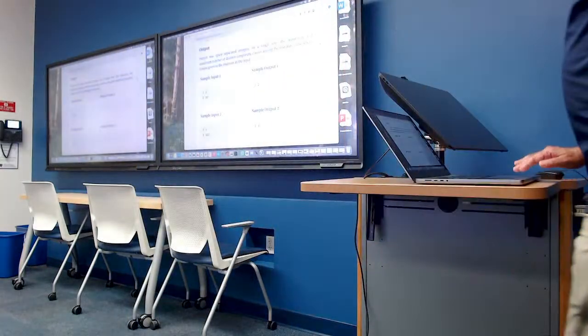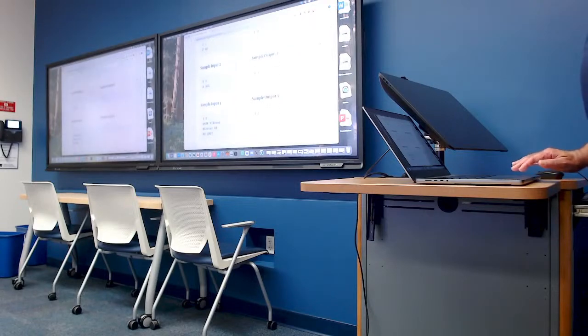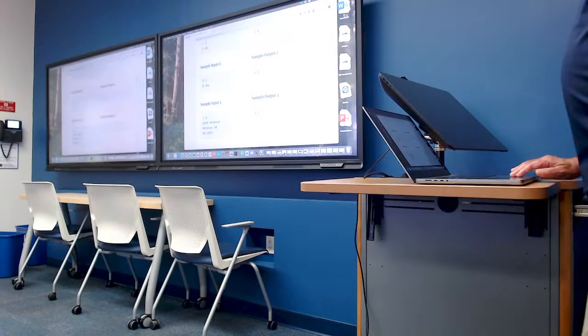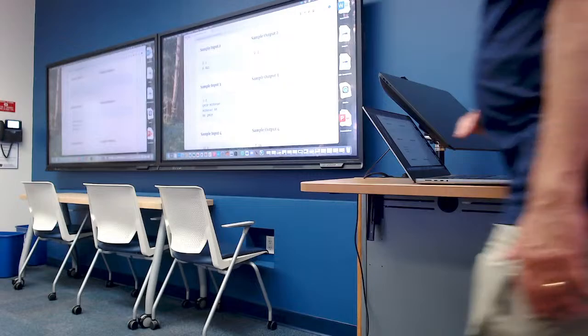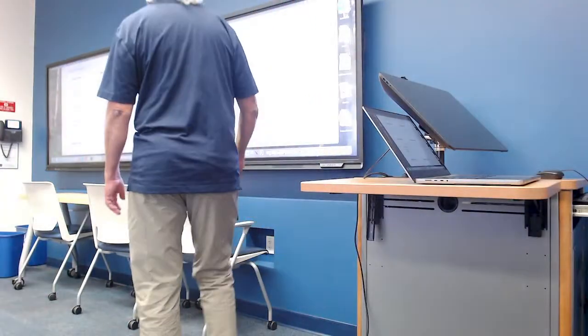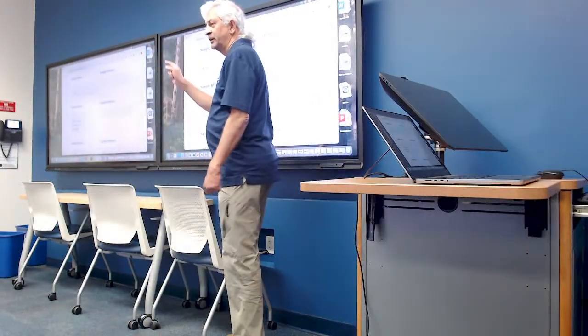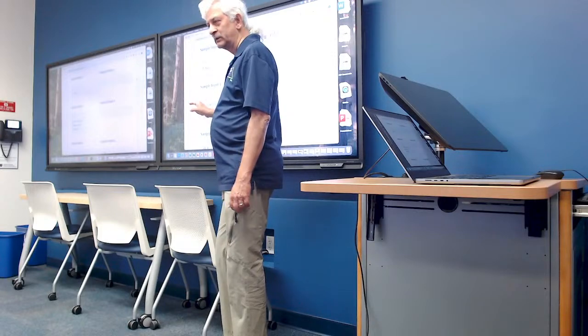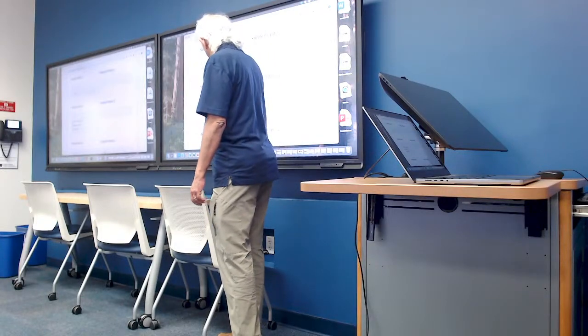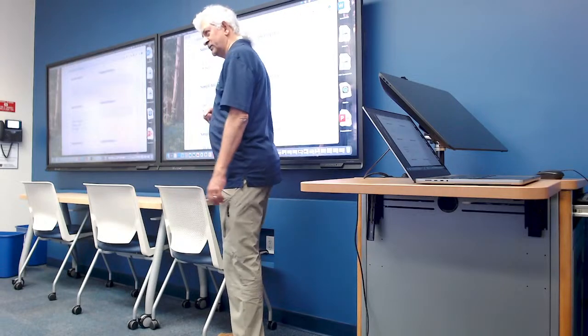Now things get a little more interesting. Are you ready for this? This one says you have 3 relationships. All 3 relationships are of the kind subset or equals. So this is a subset or equal to this, this is a subset or equal to this, and this is a subset or equal to this.